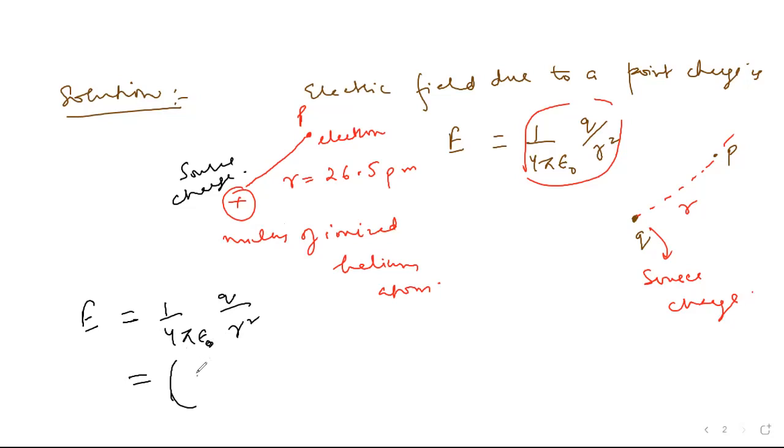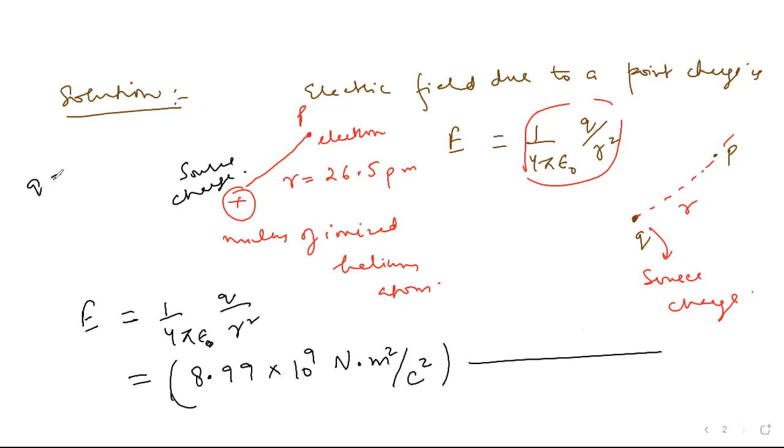Value of this constant is 8.99 into 10 raised power 9 Newton meter square per coulomb square. Then what is Q? Our Q is plus 2e. Why so? As I said, the nucleus of helium contains 2 protons. One proton has charge of plus e. So the source charge becomes plus 2e.